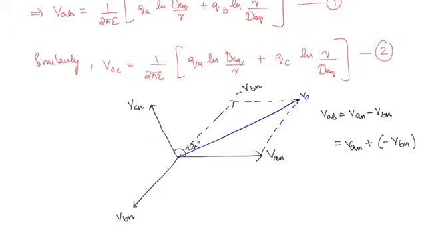This is VAB. And you can see that the line voltage VAB is leading the phase voltage, and this angle is going to be 30 degrees. So VAB is equal to VAN into root 3 at 30 degrees, because line voltage is root 3 times the phase voltage.